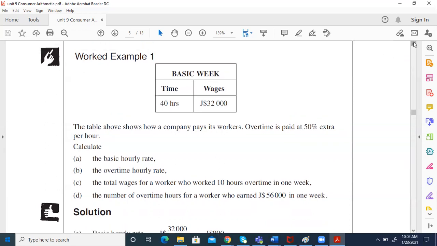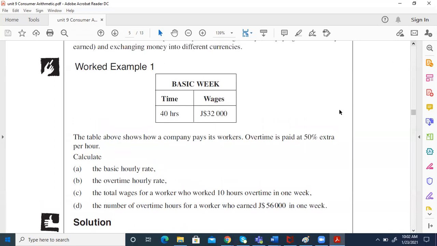So without even looking at the answers, let us see what you think about this one. The thing to note is the phrase up top that says basic week, very important. When I look right here, it says calculate the basic hourly rate. It's very important that you see the basic and the basic together.